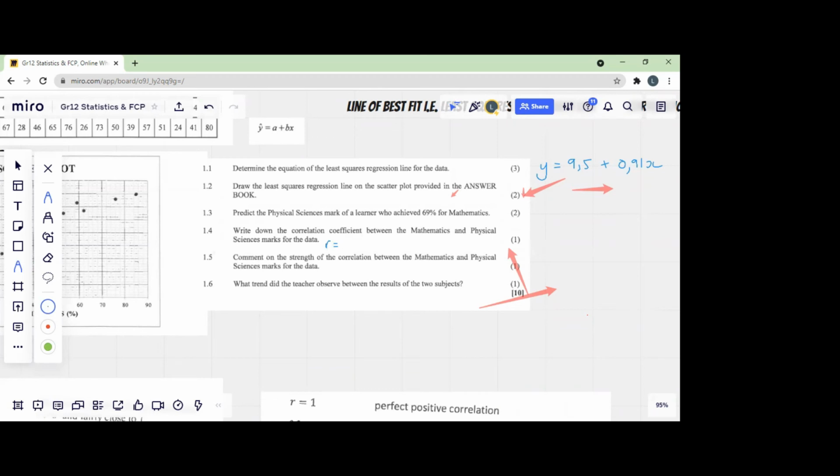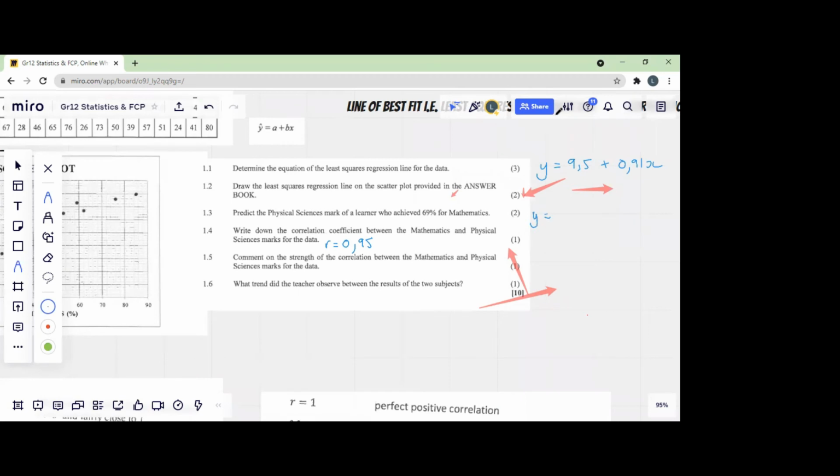Benedict says 0,95. Anybody get anything different to Benedict? I also got 0,95. Well done. Good job. It's over here, and this is where we were.